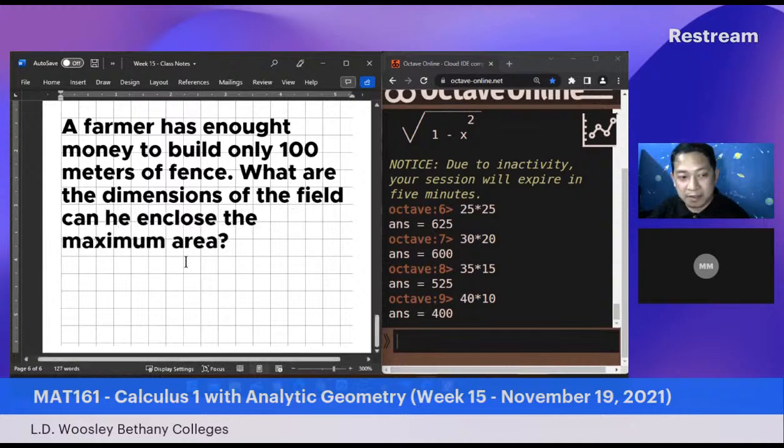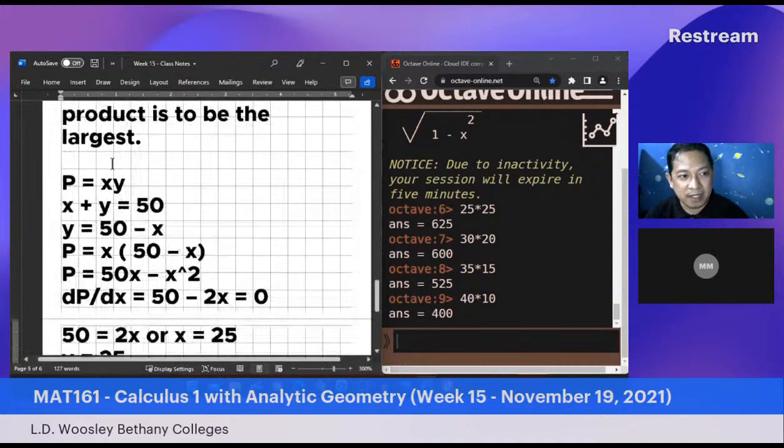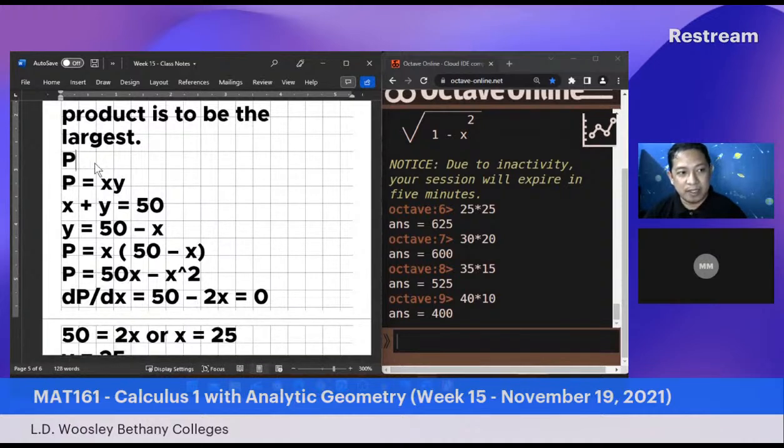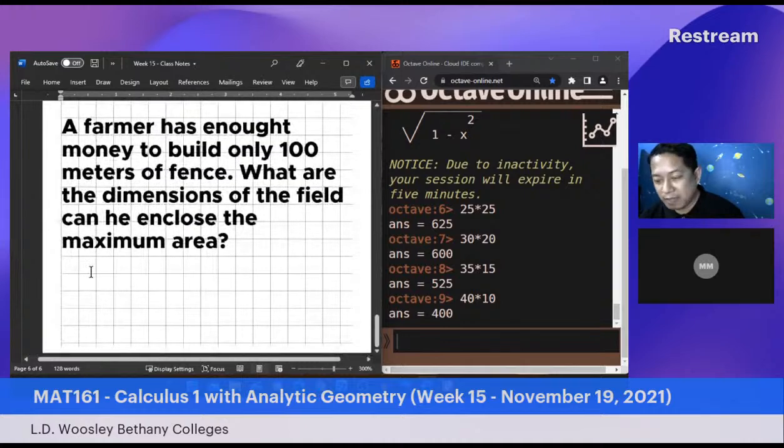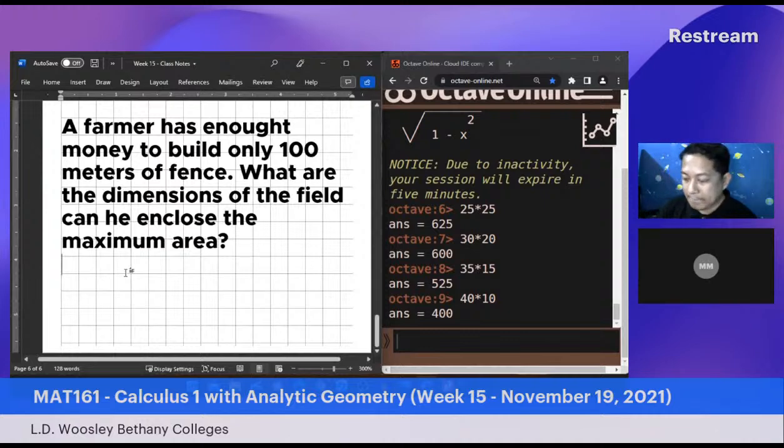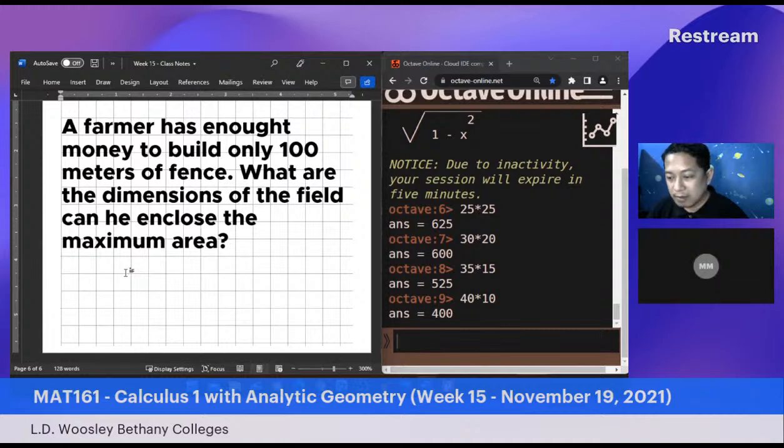Okay, tanong, what is the differentiable variable? Kanina, differentiable variable ay product, no? Product or P. Dito, ano ang differentiable variable or value to be maximized or minimized? Micaela? What's that variable?